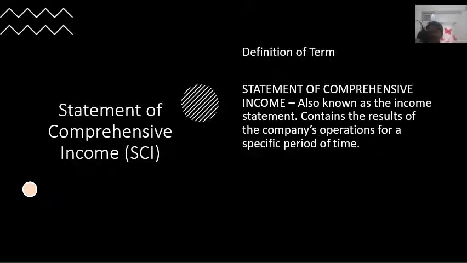Net income if the revenue is more than the expenses, or the revenue is greater compared to expenses. If it is otherwise, if the expenses is greater compared to the revenue, then we call it a loss.